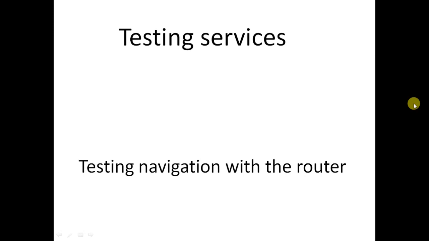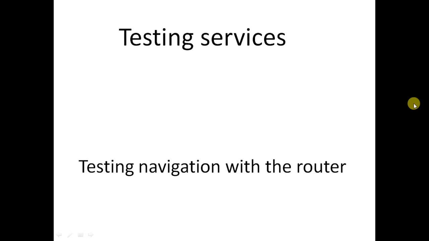Now, testing navigation with the router. To test the router, your spec scripts can invoke such router methods as navigate and navigateByUrl. The navigate method takes an array of configured routes that will construct the route as an argument, whereas navigateByUrl takes a string representing the segment of the URL you want to navigate to.